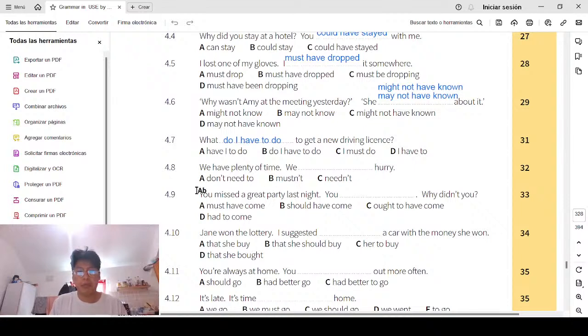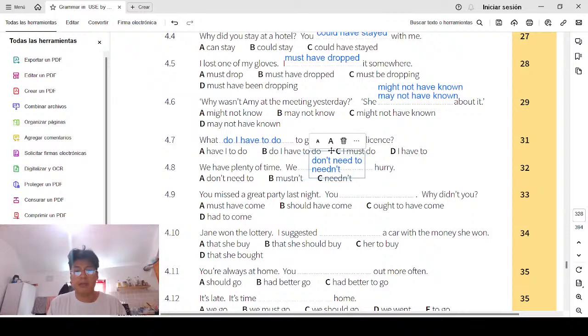We have plenty of time. We don't need to hurry, or we mustn't hurry, or we needed hurry. So the correct answer is "don't need to," and also "needn't."